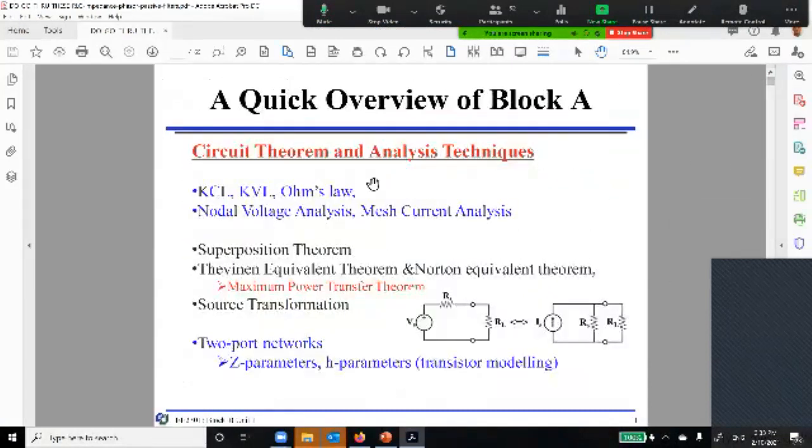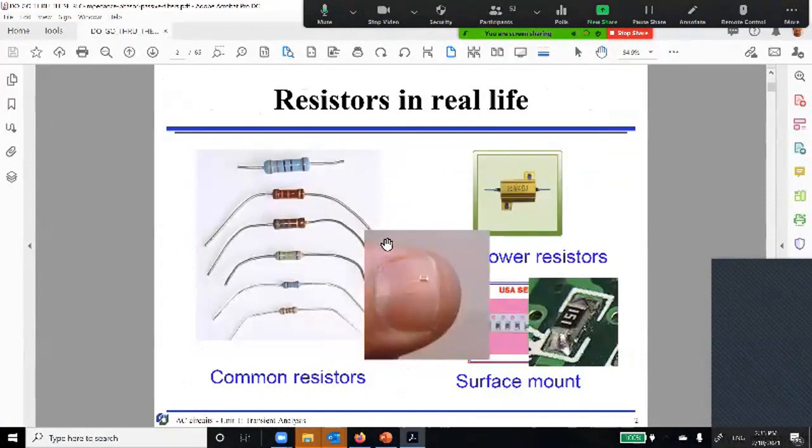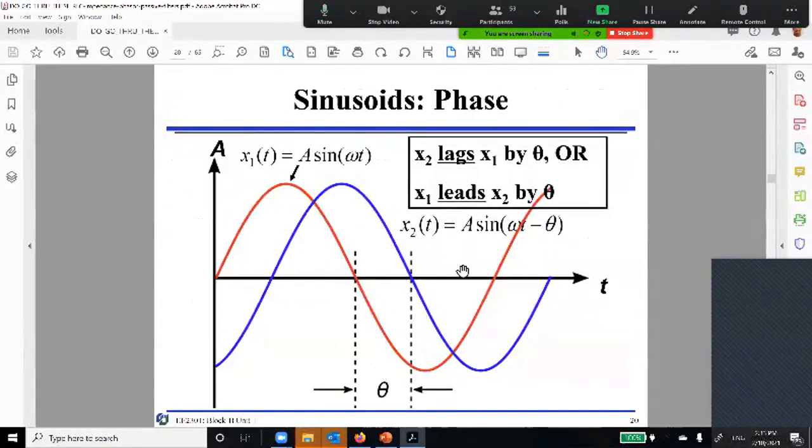I want you to go through it. These are the basic things you learned in ENGR 065. Go through all of them to see whether you can still capture what you have learned, especially with emphasis on the sinusoids and the RC circuits. I'm not going to have time to go through all these slides, so please just treat it as a review.